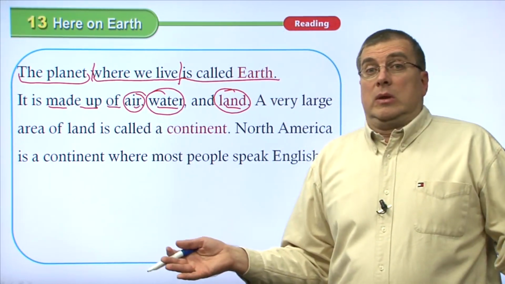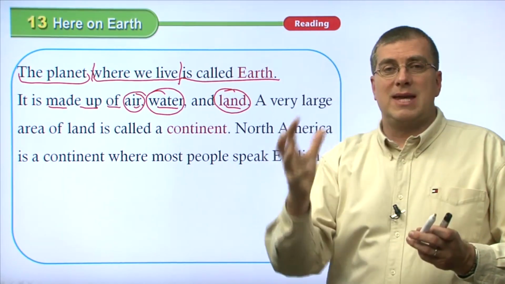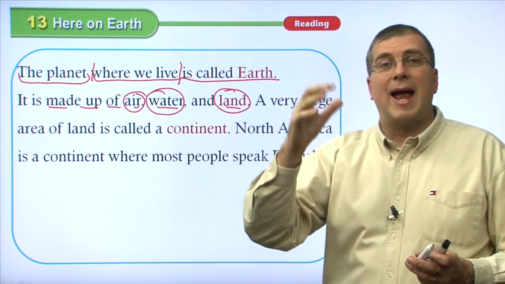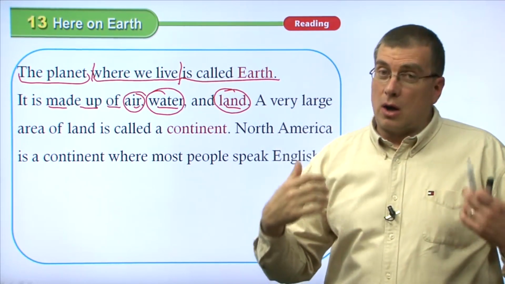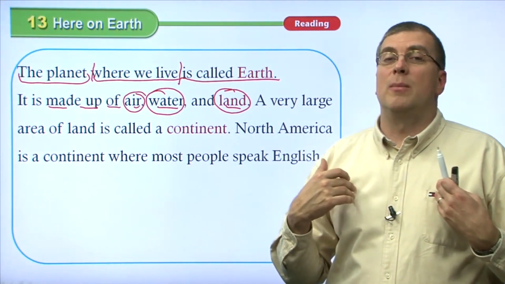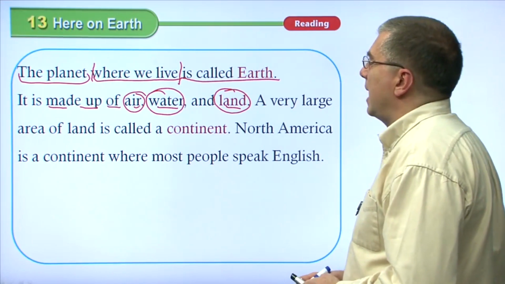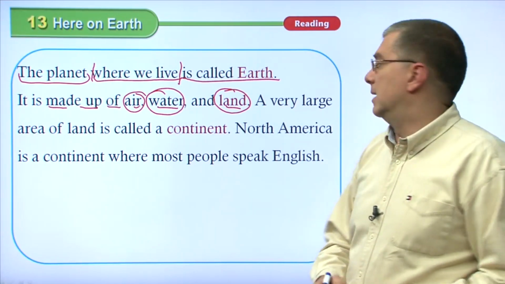Without air, we wouldn't be able to live. And the Earth has an atmosphere. We call that the air. So land, water, air. Those 3 things are what we know very well, because that's the surface of the earth. It is made up of air, water, and land.